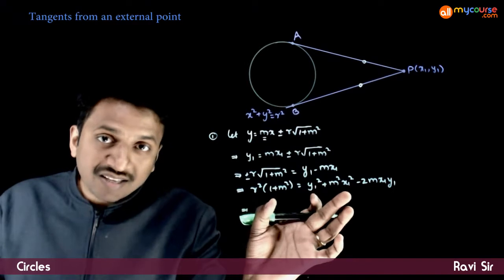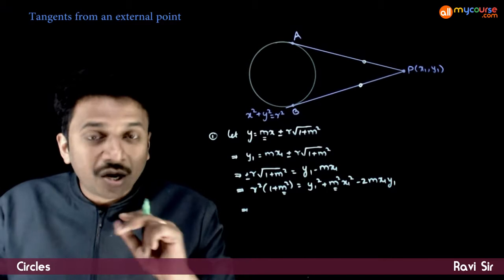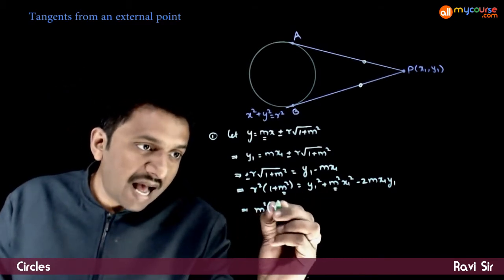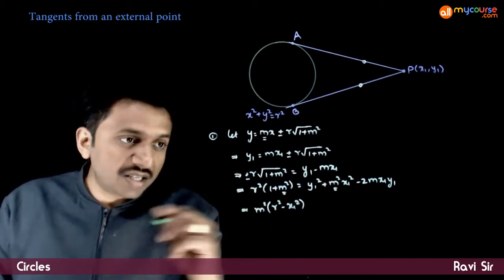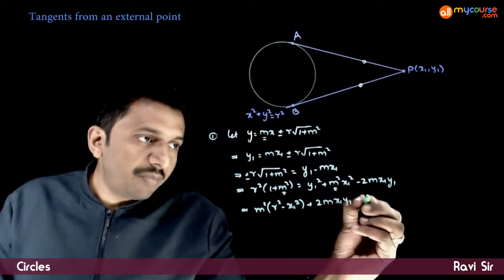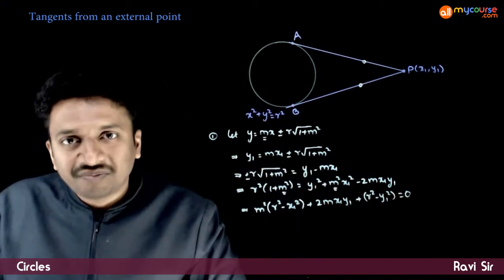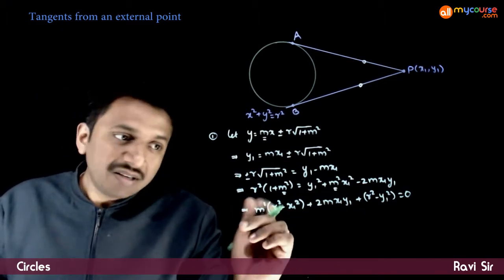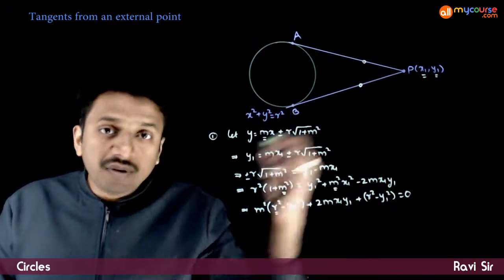Now if you simplify this, you can see that you're getting a quadratic in m: m²(r² − x1²) + 2mx1y1 + r² − y1² = 0. Here r will be given in the question, and x1, y1 will be given in the question.